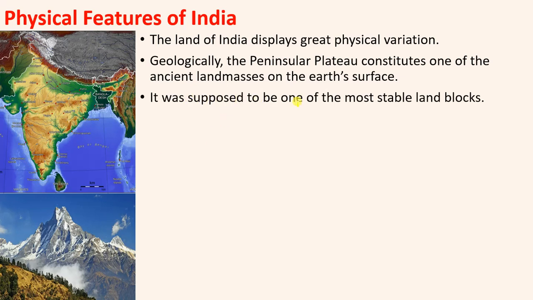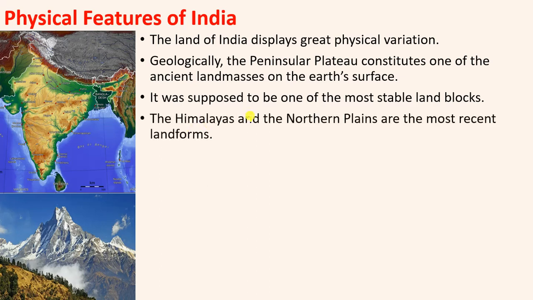It was supposed to be one of the most stable land blocks as it is part of the oldest landmass, so that way you can understand how stable this land has been existing for so many years.